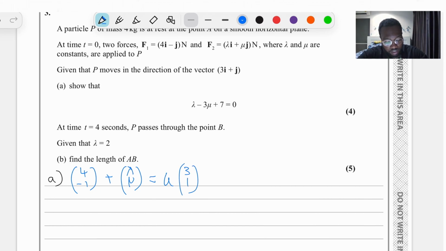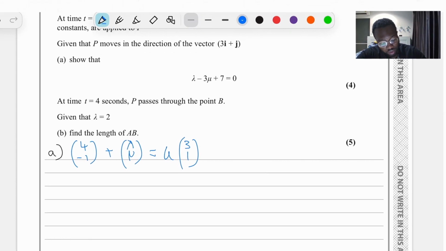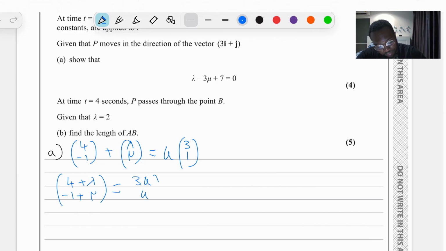So we know that if we put these forces together, it must be in the form of this, where we have some scalar of (3, 1). And therefore, now we can work this out. So that would be (4 plus lambda, minus 1 plus mu) equals (3k, k).